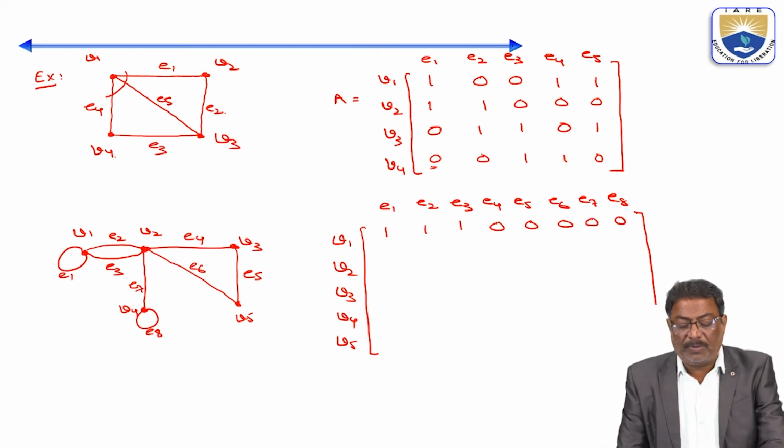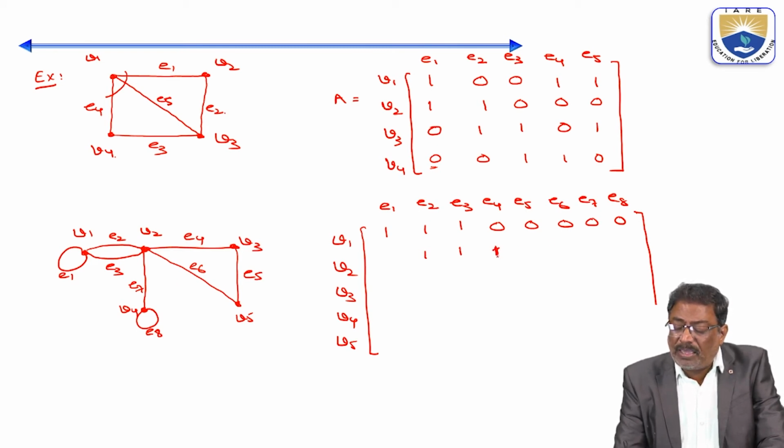And V2, if I am considering, E2, E3. And V3, if I am considering, E4, E6, E7, and the remaining are zeros.